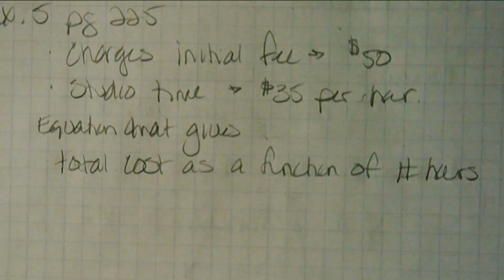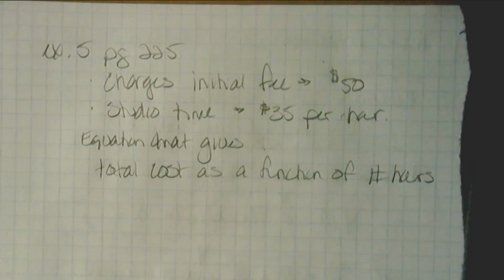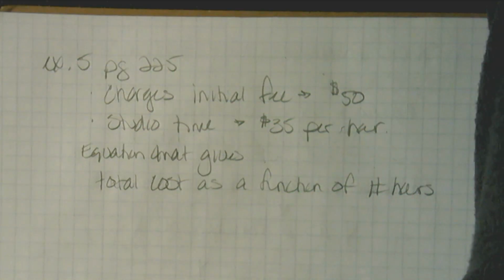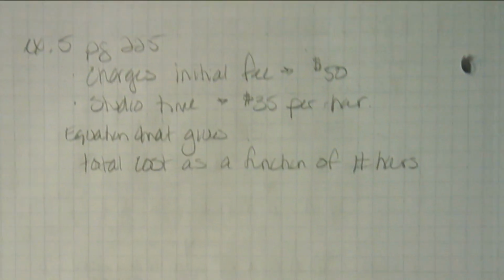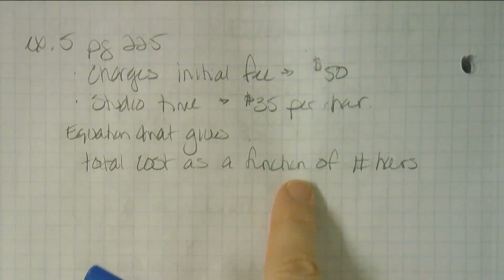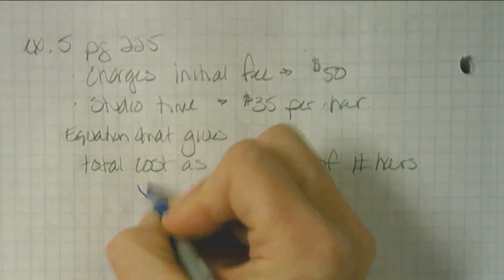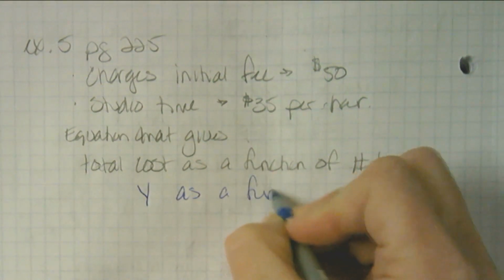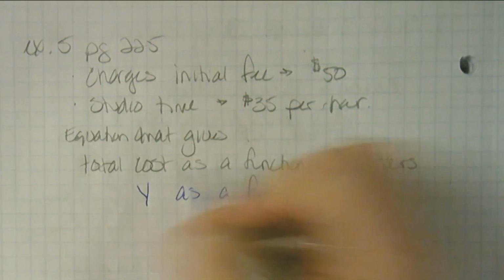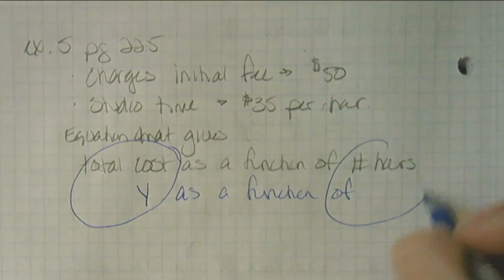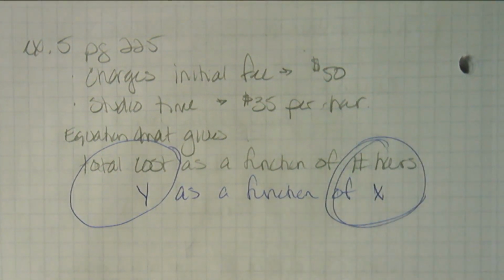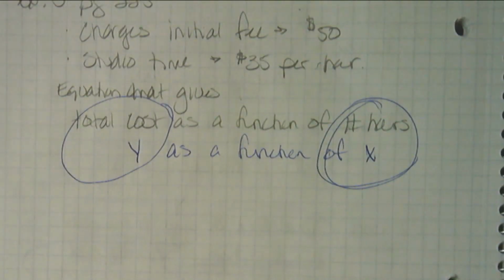So I like to share with you things that help me because I feel like they're pretty functional and they can help you as well. I always write that phrase down, just like I did the phrase with direct variation, because I know y as a function of x. I can see right away what my x information is and what my y information is right from there.